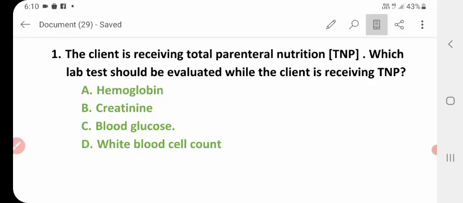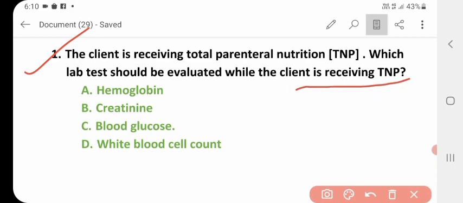Important MCQs, let's look at them. First question: the client is receiving total parenteral nutrition, TPN. Which lab test should be evaluated while the client is receiving TPN?